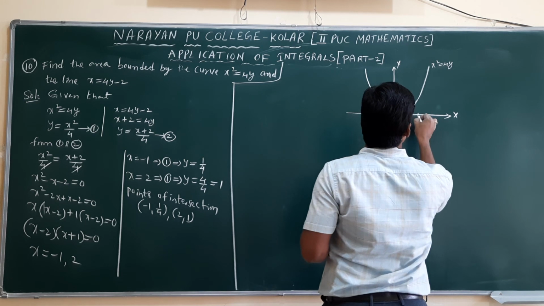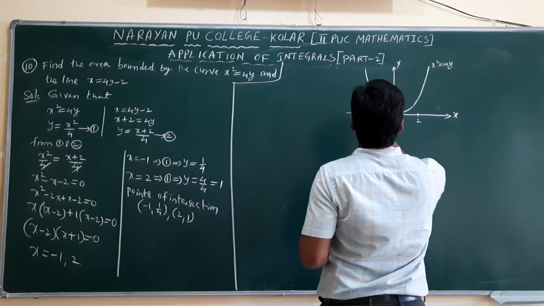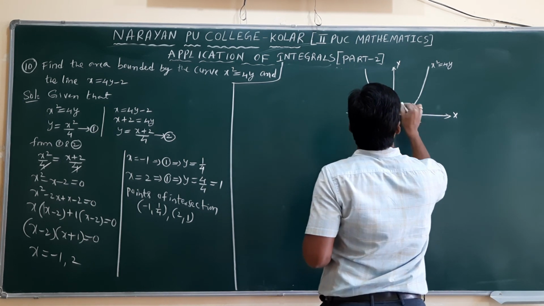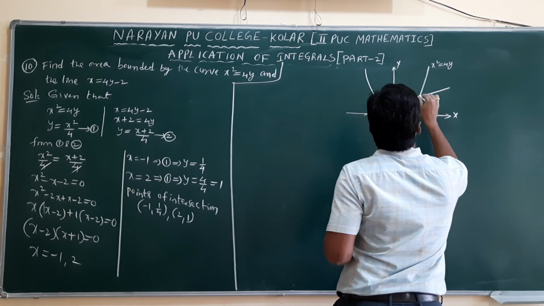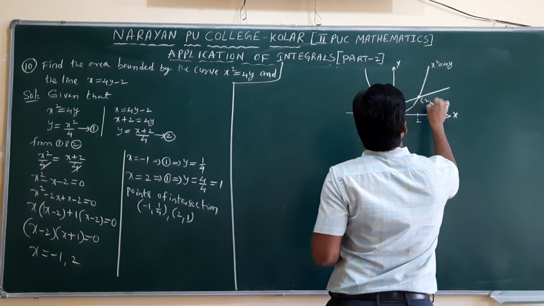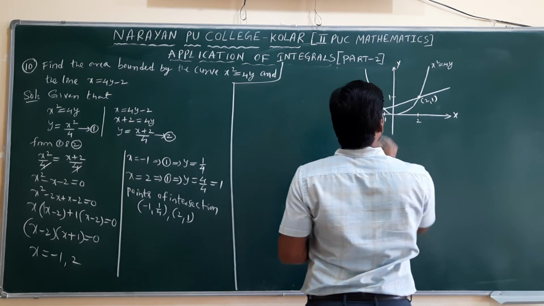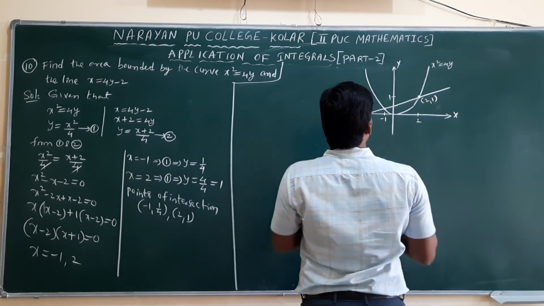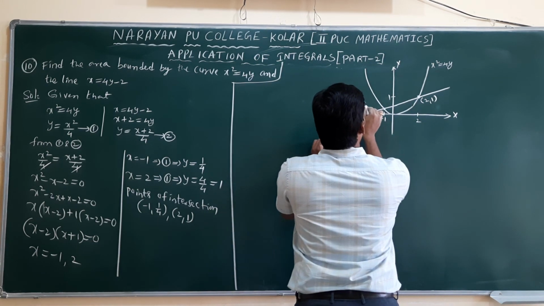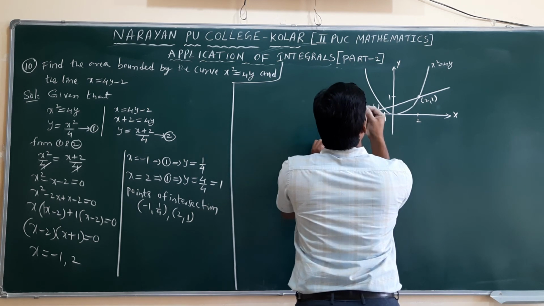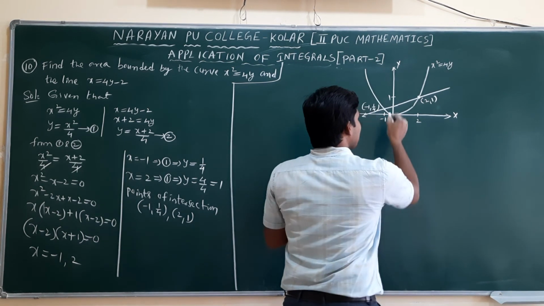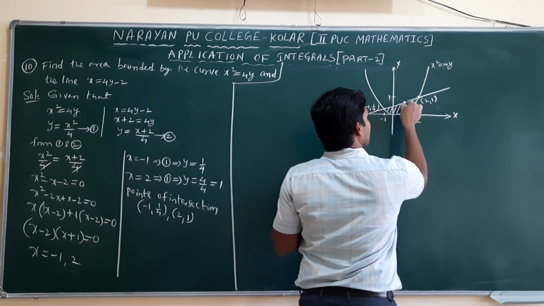Approximately I am taking this as 2 comma 1, and this is clearly minus 1 comma 1 by 4. This is the region we need to find here.